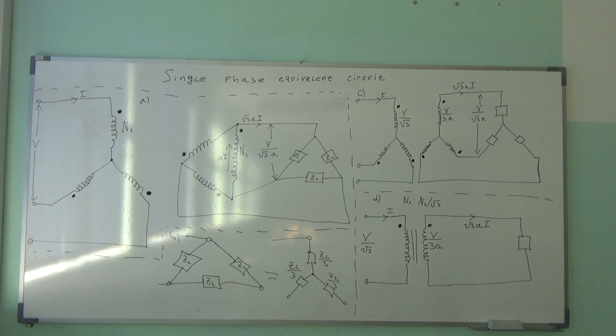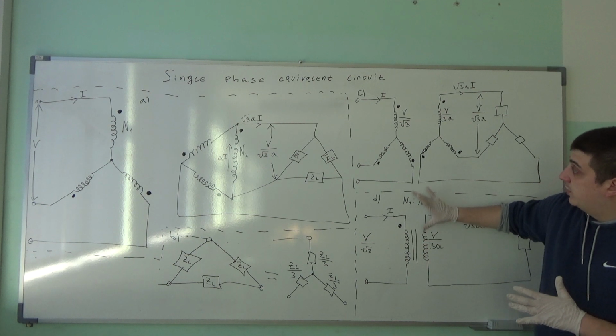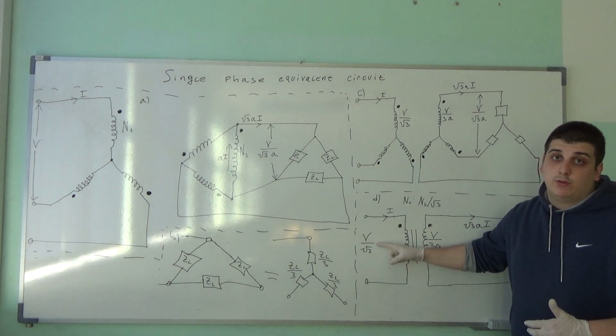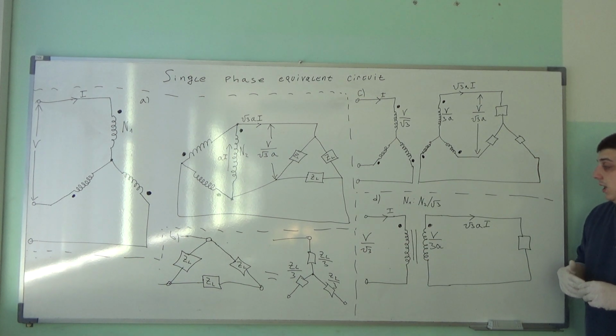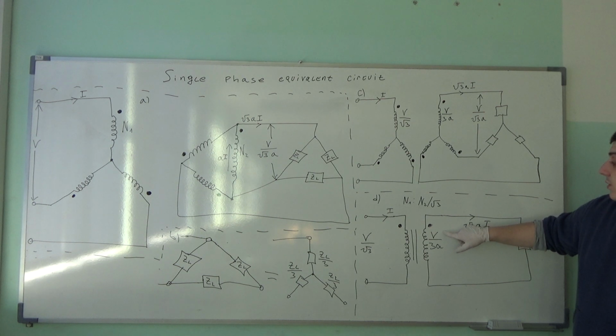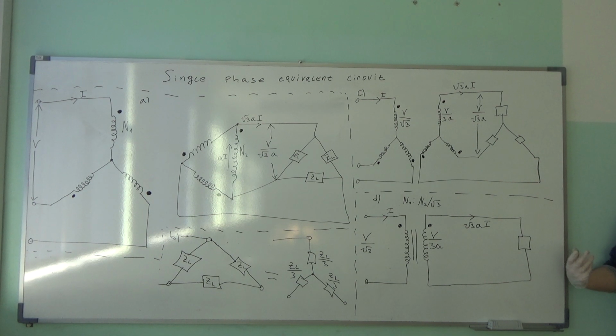And the phase voltage on the primary side is equal to line voltage divided by square root of 3. And on the secondary voltage, it is equal to V divided by 3A. So now what do you see here?